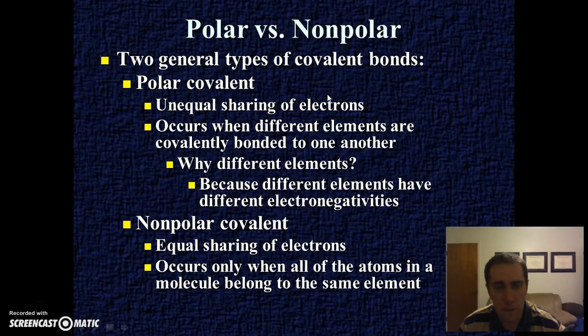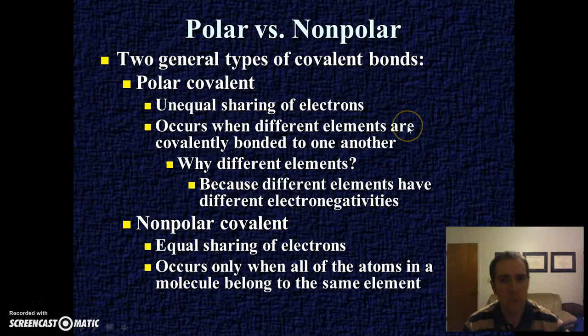We can break these down a little bit further. An ionic bond is an ionic bond. You can't break that down further. But covalent bonds, there are polar covalent bonds and there are nonpolar covalent bonds. A polar covalent bond is a case where the electron isn't shared equally. One of the atoms holds it closer to it than it is to the other partner.